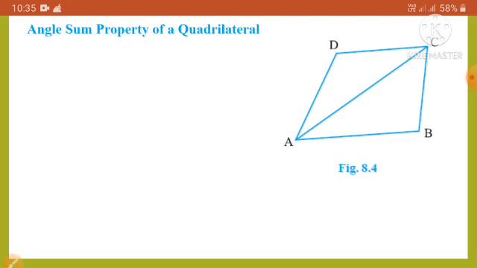So this is the sum of angles of a quadrilateral, equal to 360 degrees.